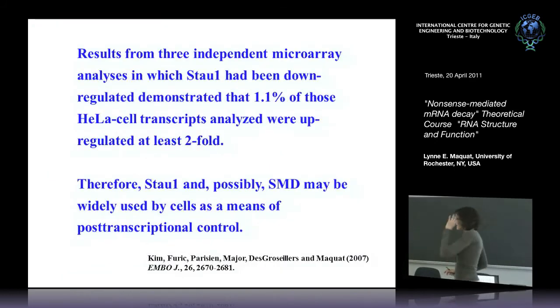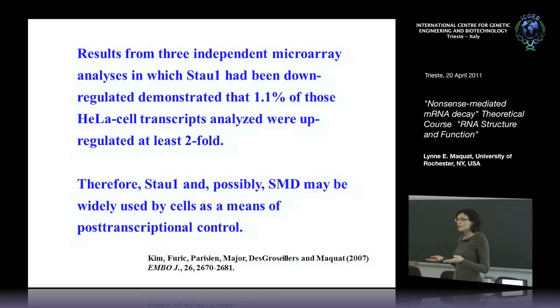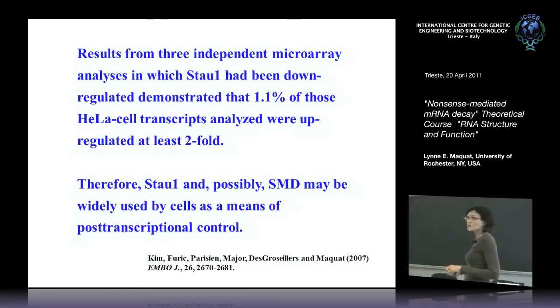Once we realized that Staufen binding to an mRNA destabilized the mRNA, we realized the best way to identify SMD targets is not to see which ones were binding Staufen, but to see which mRNAs are upregulated when Staufen was downregulated, using microarray analyses. And we found that about 1% of HeLa cell transcripts were upregulated at least twofold.